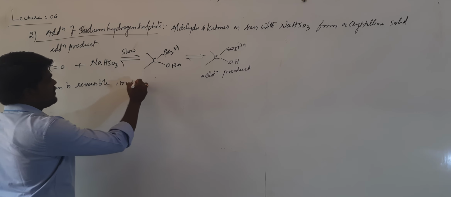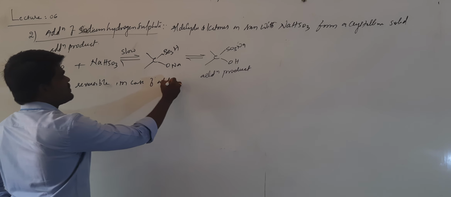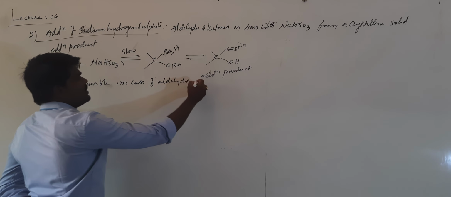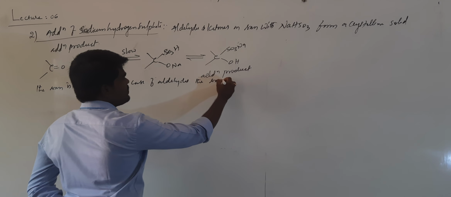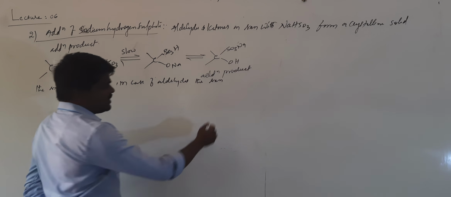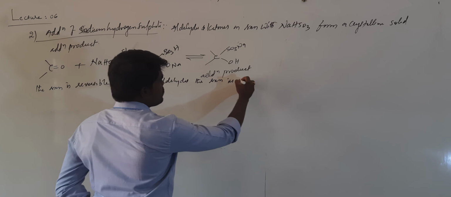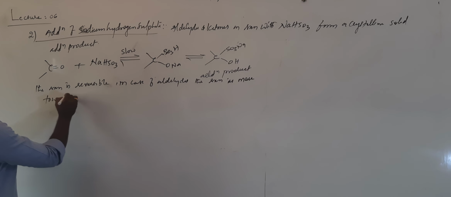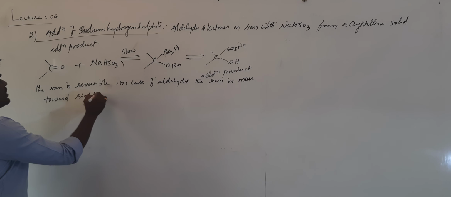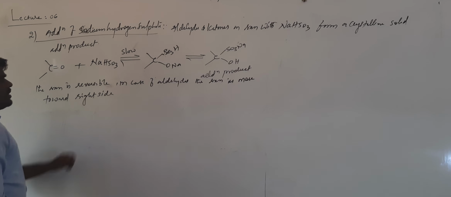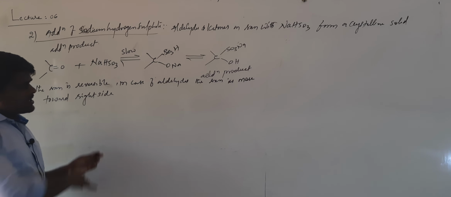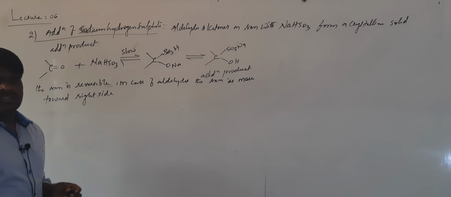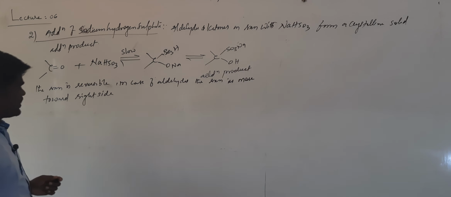In case of aldehydes, the equilibrium is more towards the right side. That means the position of equilibrium is more towards the right hand side, so the extent of formation of product is more in case of aldehydes.